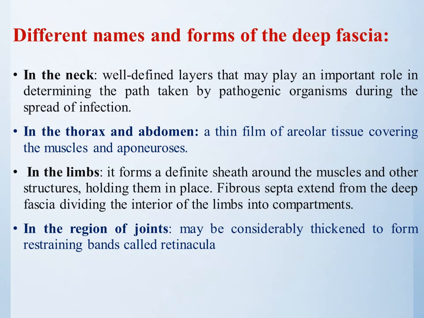In the thorax and abdomen, it forms a thin film of areolar tissue covering muscles and aponeurosis, while in the limb, it forms a definite sheath around the muscles and other structures, and this holds them in place. Fibrous septa extend from the deep fascia, dividing the interior of the limb into compartments. In the region of the joint, it may be thickened to form restraining bands called retinacula.